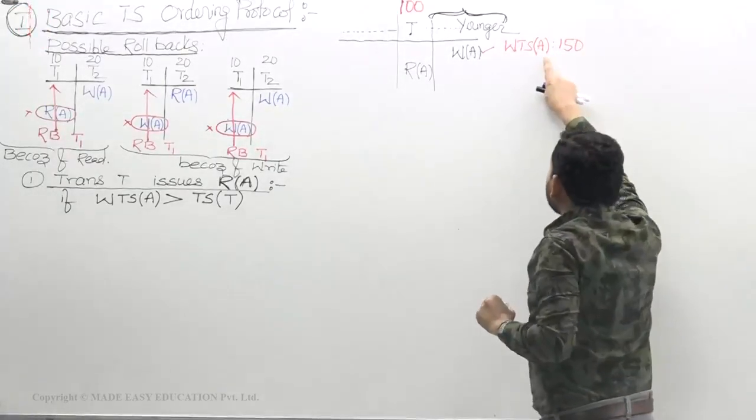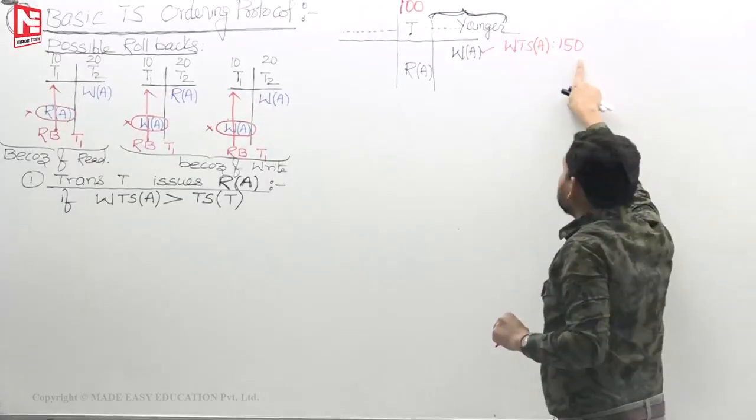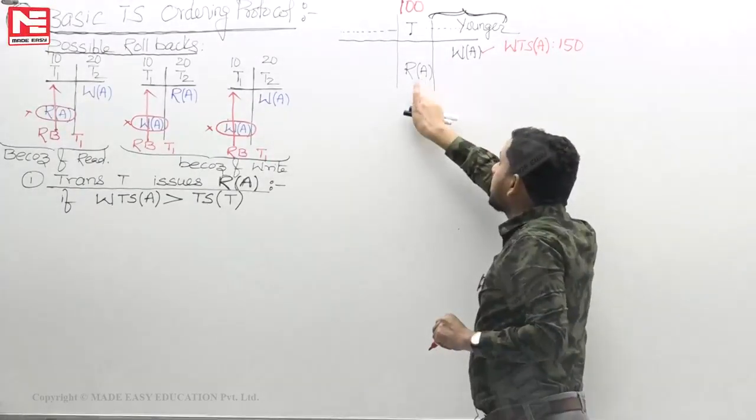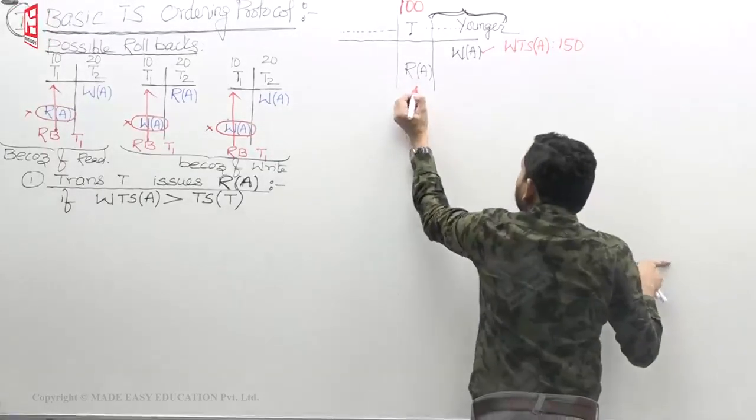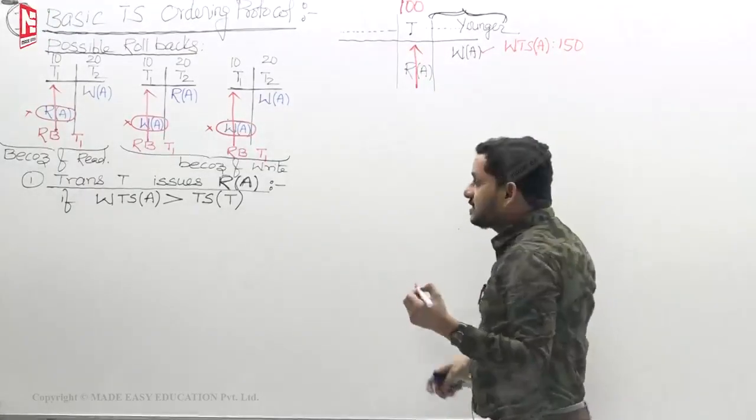A younger transaction has already done the write. Now the older transaction T is trying to read the data, so this read is not allowed.